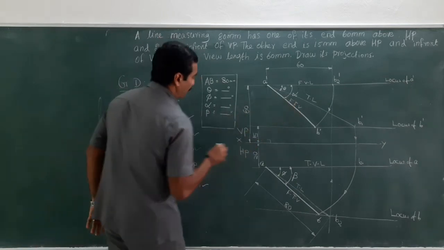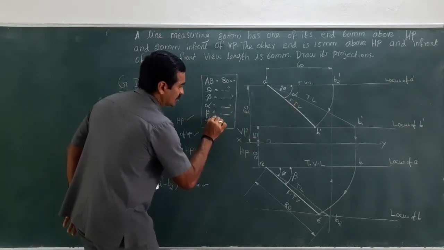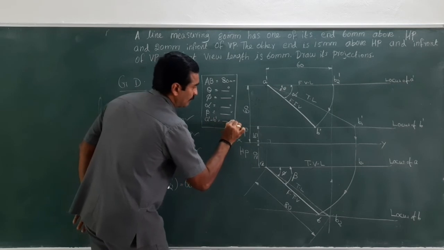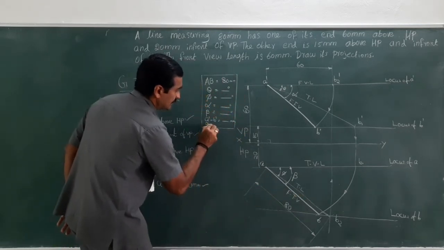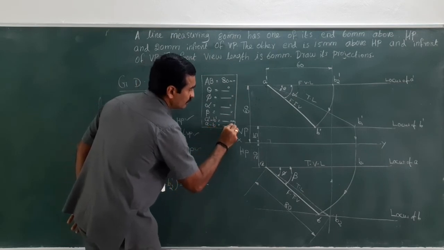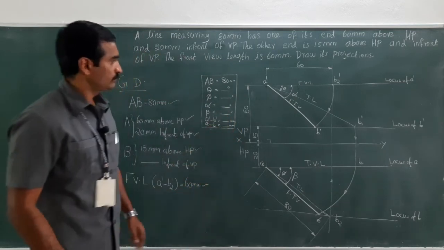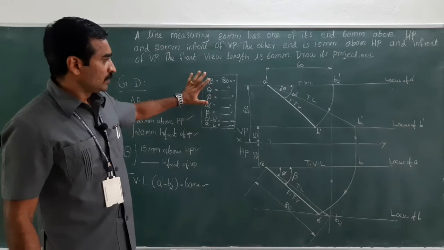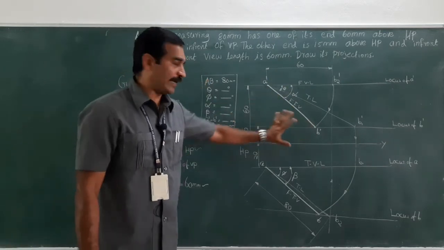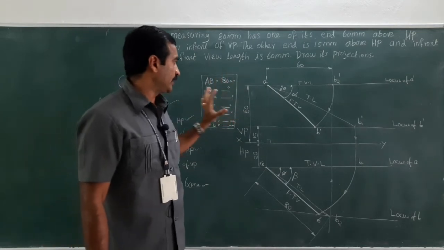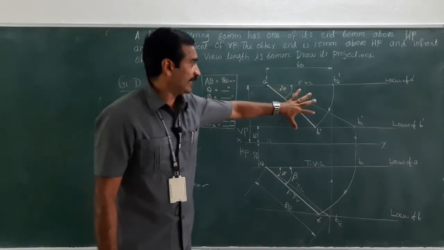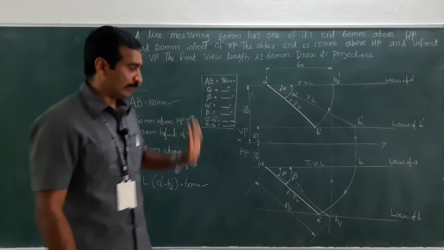The final front view, which is A dash B dash, should be in mm, and the final top view, which is AB, should be in mm. Right? Remember this. Before completing the drawing, after dimensioning, you'll have to open up a box and mention all the data, taking it from the drawing.